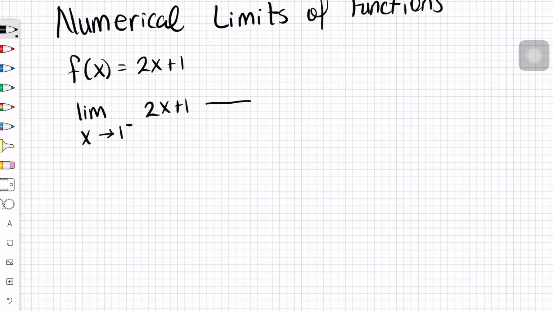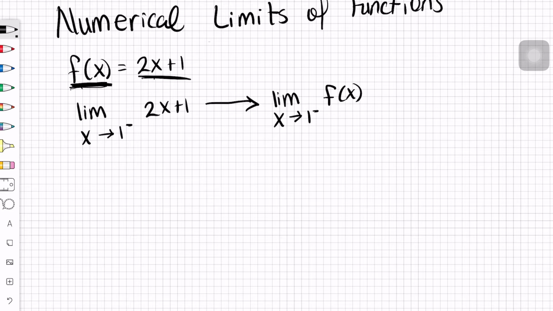But instead, what we will usually see in our textbooks or on homework is the notation f of x, which is fine because we know that f of x is the same as 2x plus 1. So that's perfectly fine.